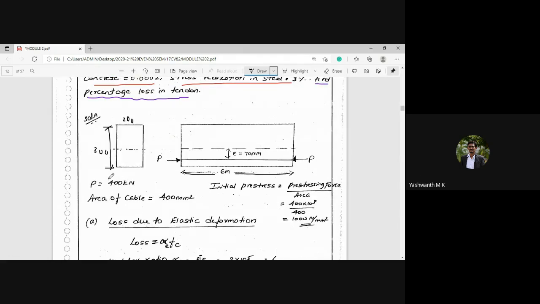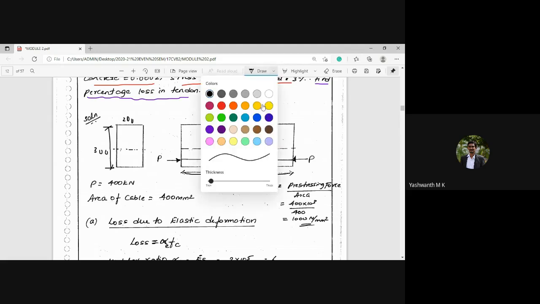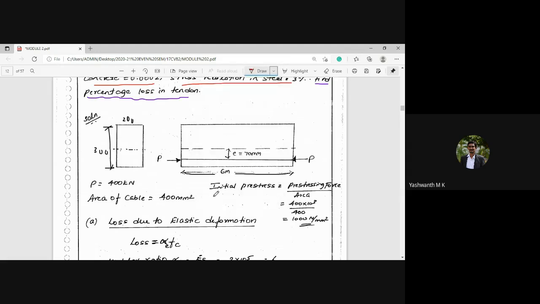As the problem specifies, pre-stressing force of 400 kilonewton is induced through the cable of area 400 millimeter square. Next, the very important thing you need to calculate in the case of loss of pre-stress is the initial pre-stress.